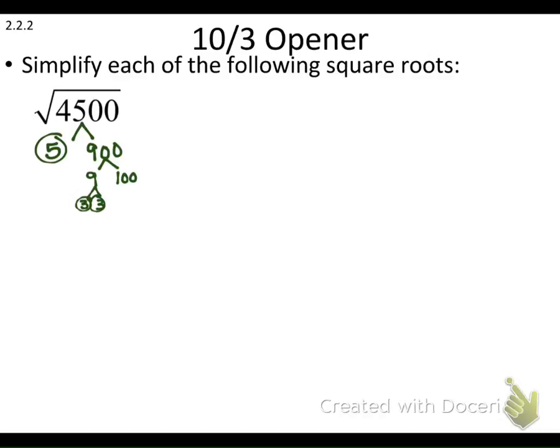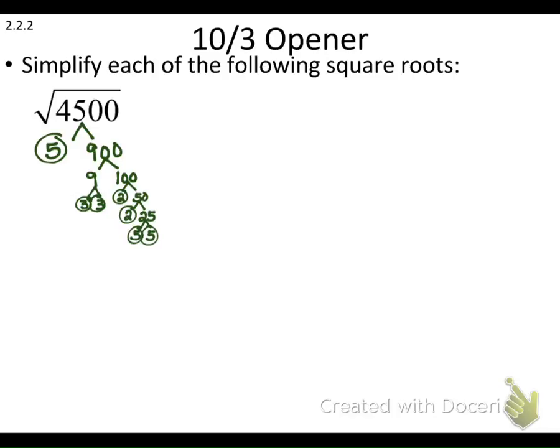And then 2 factors of 100 is 2 and 50. I love that you're using different numbers than what I would have used, which is totally fine. And then 2 factors of 50 is 2 and 25. And then circle your 2 again. And then 2 factors of 25 is 5 and 5. And then you circle both. Nice.